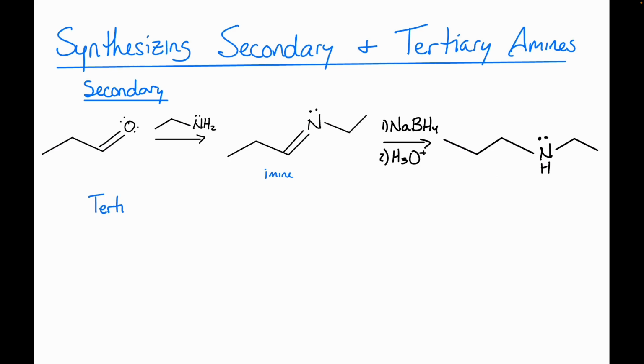If we wanted to instead create a tertiary amine, we'd do the exact same thing. We would just combine our aldehyde or ketone with a secondary amine. All right, the only difference here is in this intermediate.